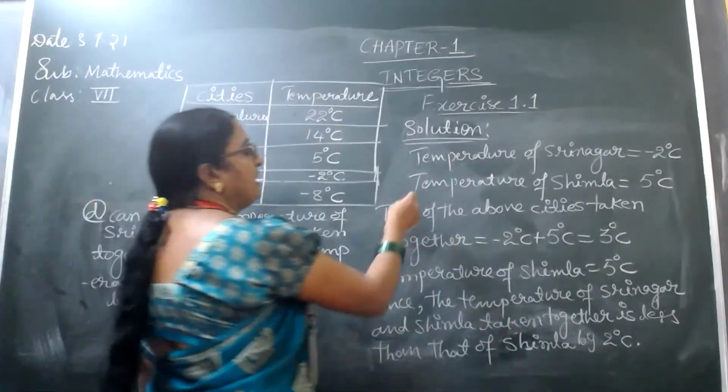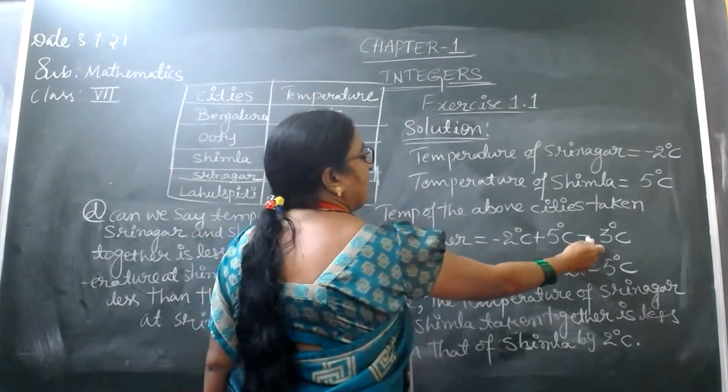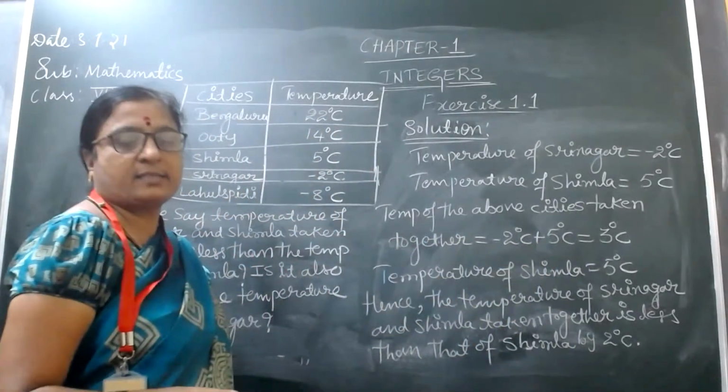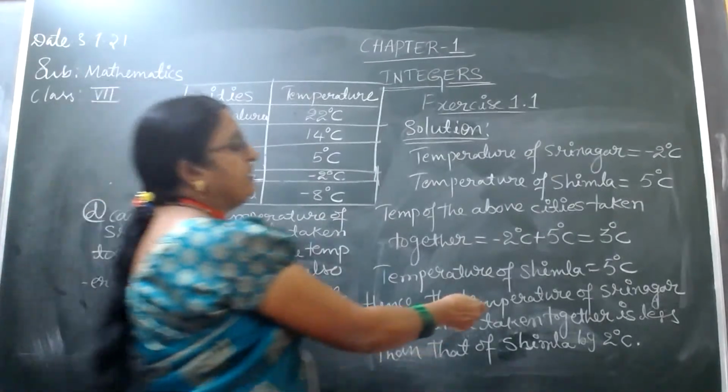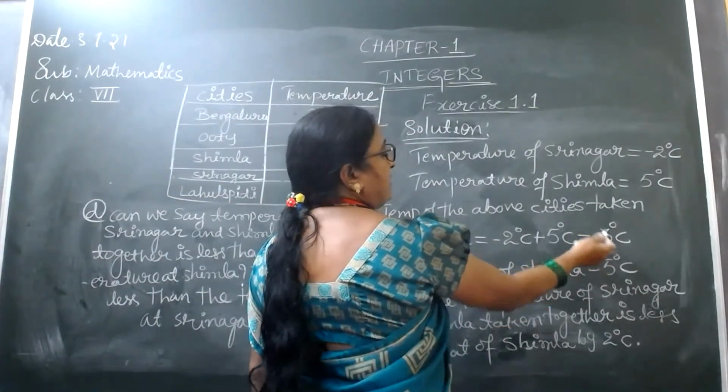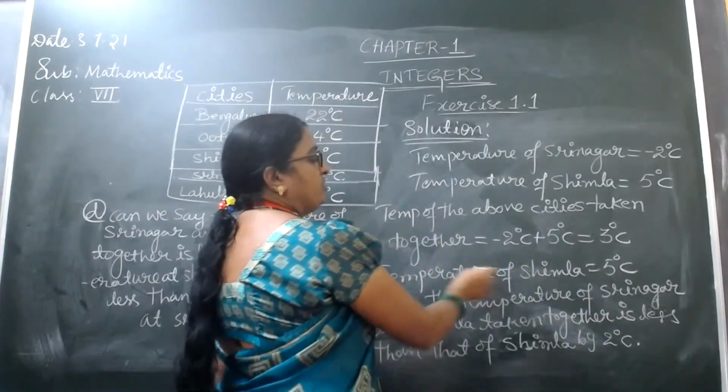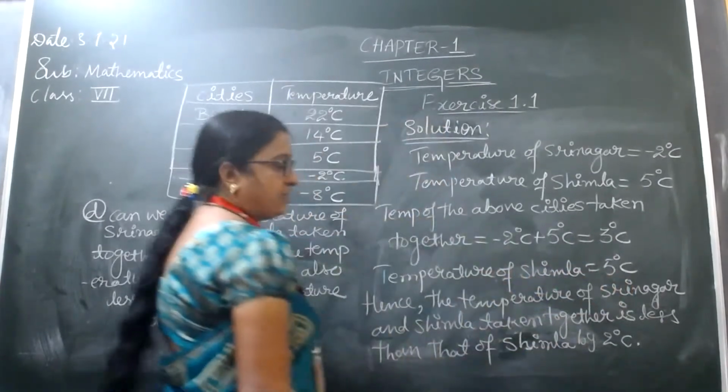If you take both the temperatures together, that is coming 3 degrees Celsius. So if you compare that temperature with Shimla, how much less? 2 degrees, no? Temperature of Shimla is 5 degrees Celsius.